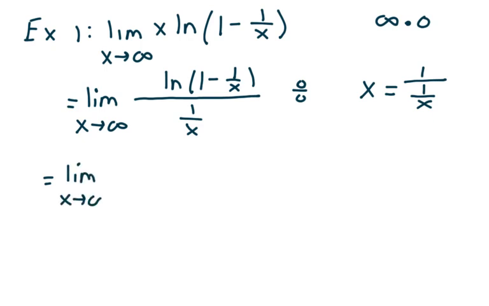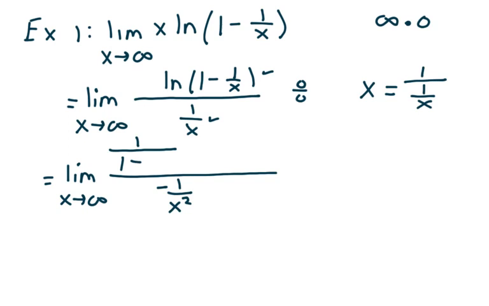So if I take the limit as x goes to infinity, the derivative of the denominator is negative 1 over x squared. So that's going to come up a lot, right? To take the derivative of the numerator, it's going to be 1 over 1 minus 1 over x times the derivative of 1 minus 1 over x, which is 1 over x squared.